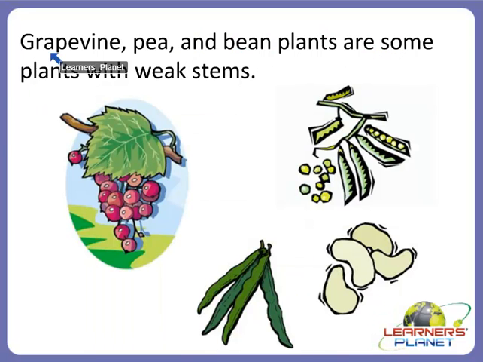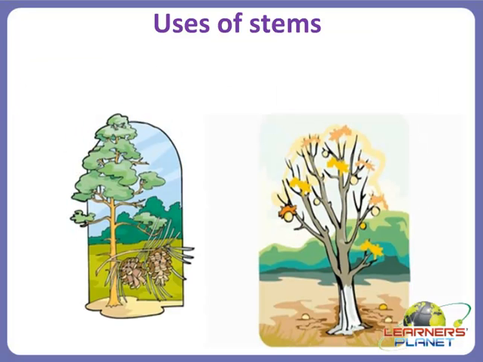For example, grapevine, pea, and bean plants are some plants with weak stems. So children, these are examples of weak stems.